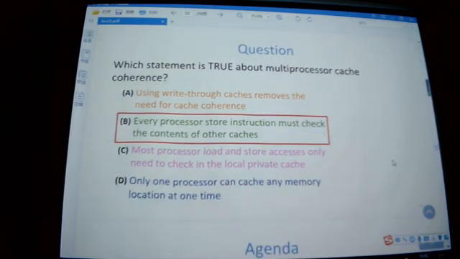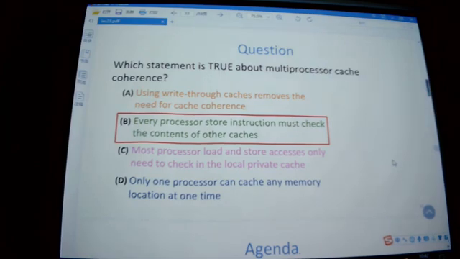Okay, the question is: which statement is true about multiprocessor cache coherency? We can see there are 4 choices. One is using write-through cache removes the need for cache coherency. Two is every processor store instruction must check the contents of other caches. Three is most processor load and store accesses only need to check in the local private cache.